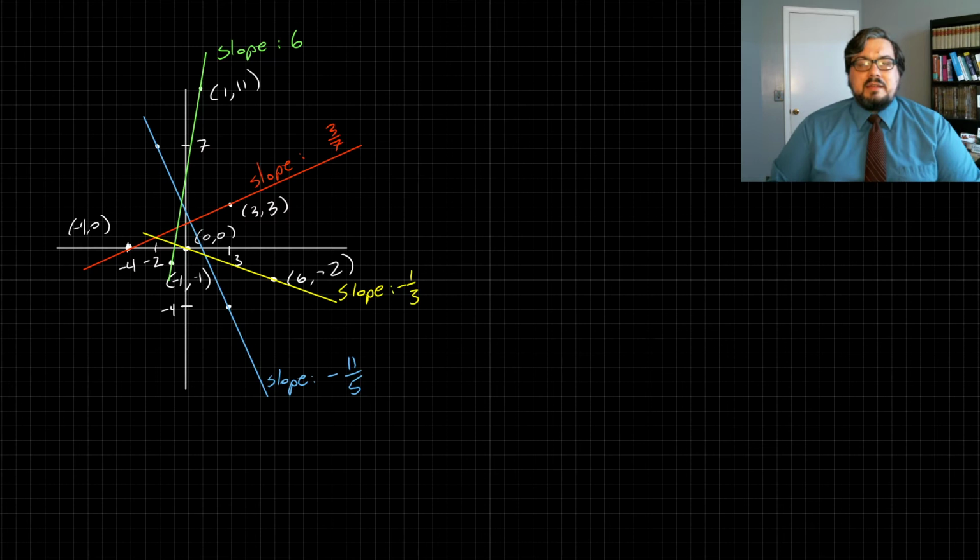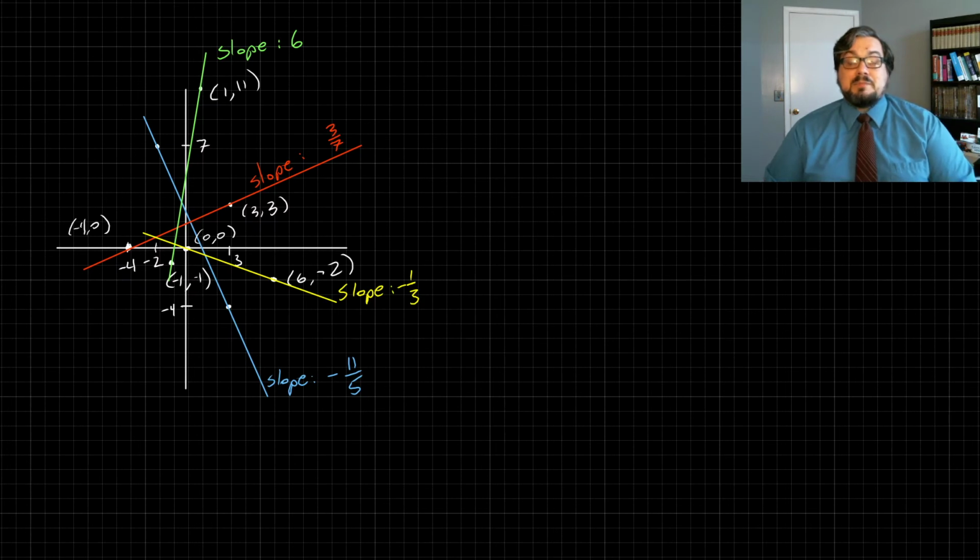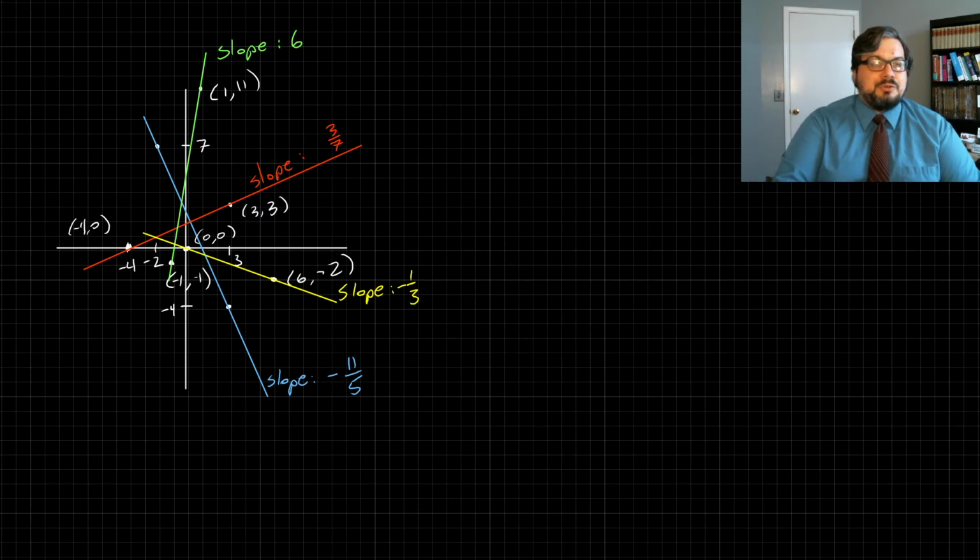One thing that I want to start off looking at is what happens when the slope is positive versus when the slope is negative. You'll notice that we have 2 positive slope lines, and we have 2 negative slope lines.